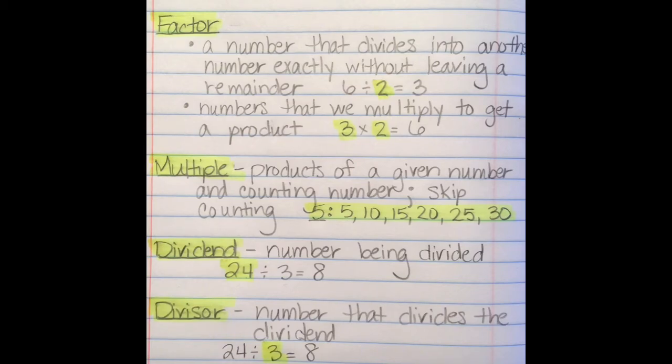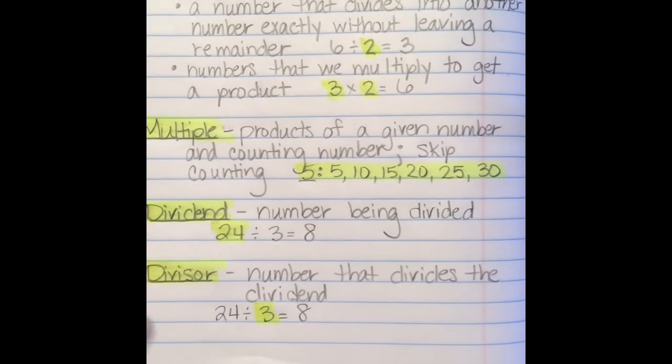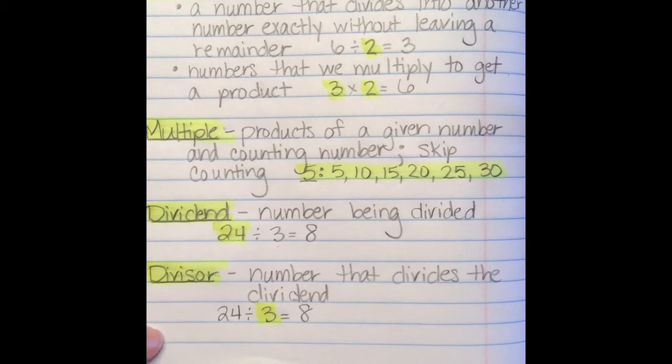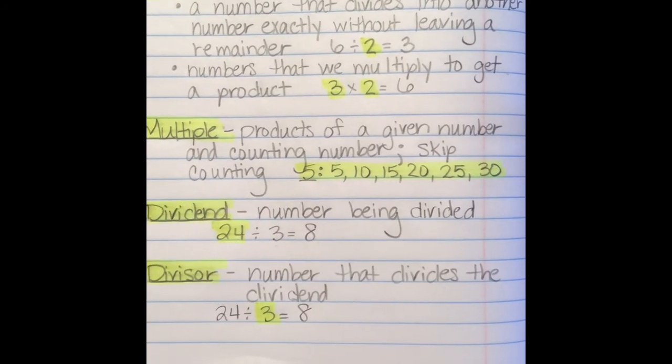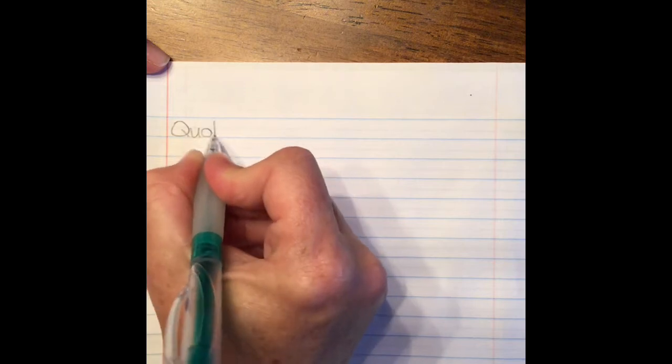Now at this point here, I am almost to the end of my paper, so I'm not going to try and cram anything in here. I also don't need a new heading because this continues. So I'm just going to move over right next door because remember I asked you to make sure that you had started on the left-hand side. And now I am going to write another term, and I'm starting on the very top line here, not the title line, but this line right here, and I'm right up against this pink line, and I'm going to write the word quotient.